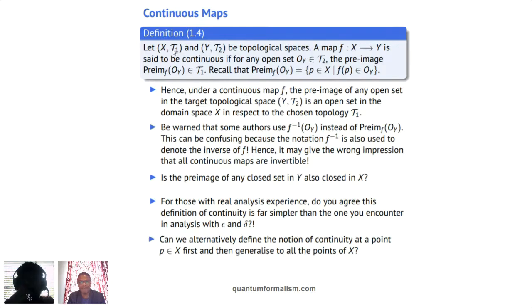A map might be continuous under these two topologies, but if you change the topology, you might give the same set theoretical prescription, but because the underlying topology has changed, it might not be continuous. So continuity depends on your choice of topology, both on the domain and on the target.